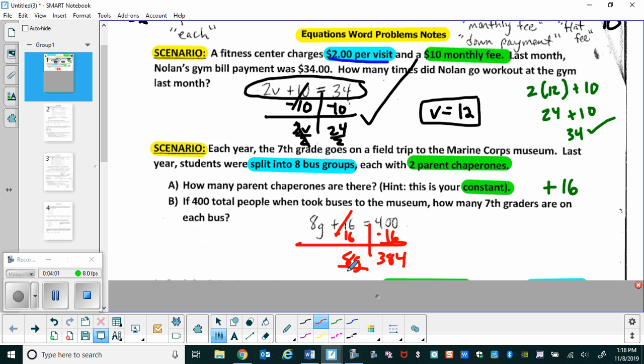So if we now divide into those 8 groups, when you take 384 and divide it by 8, we're going to get 48 kids in each group. There's 48 kids in each bus group, so 48 kids on each bus. Now, if you have those 48 kids times the 8 groups plus the 16 chaperones, you would be at 400 total people.